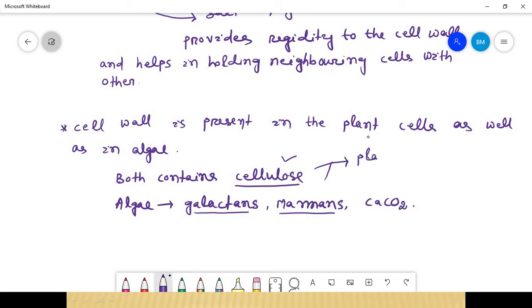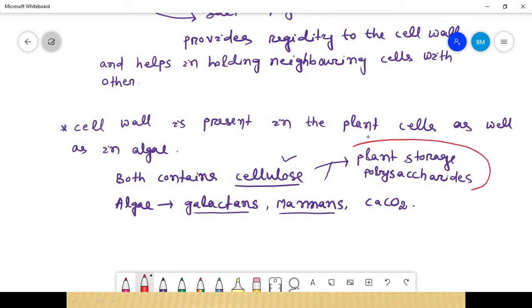Plant storage polysaccharides are present in the algae.